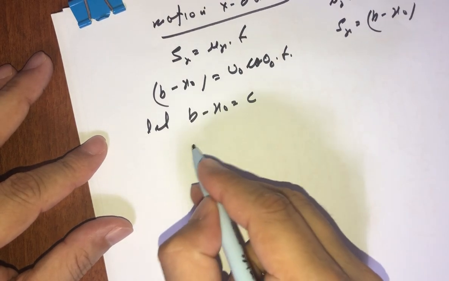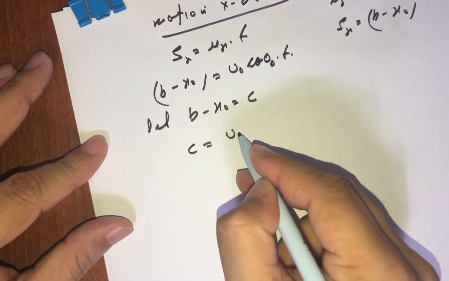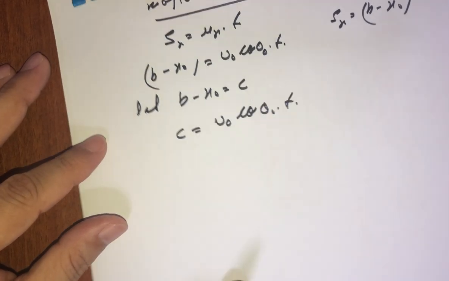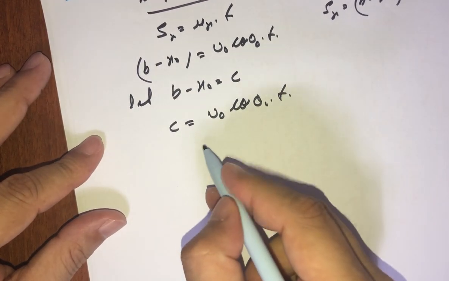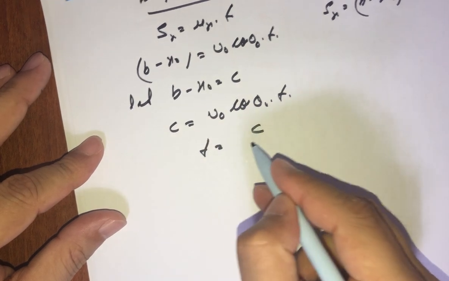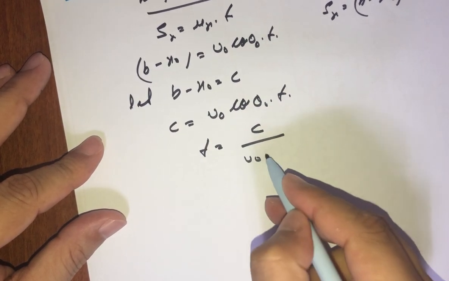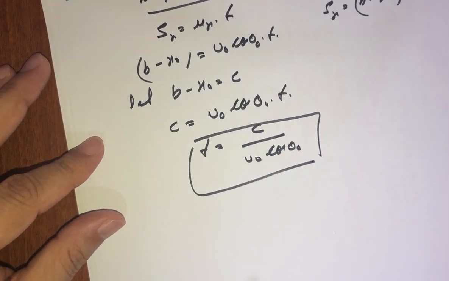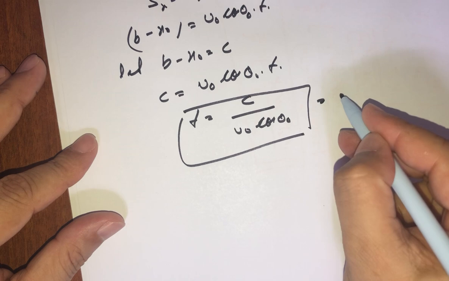So c is equal to v naught cos of theta naught into t. From here we find the value of t: t is equal to c divided by v naught cos of theta naught. This equation is 5.